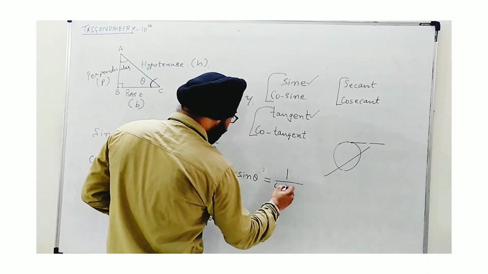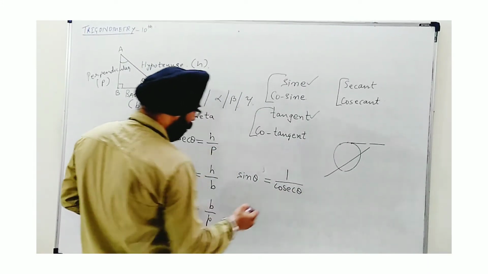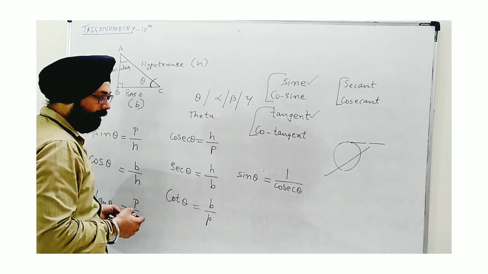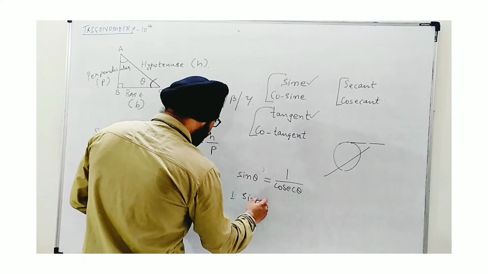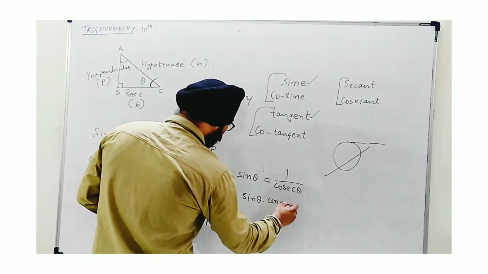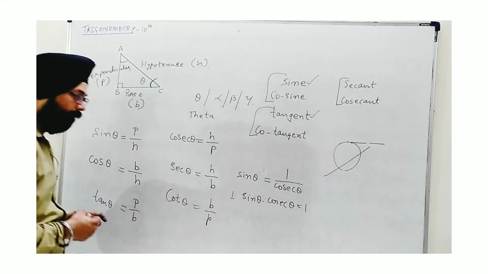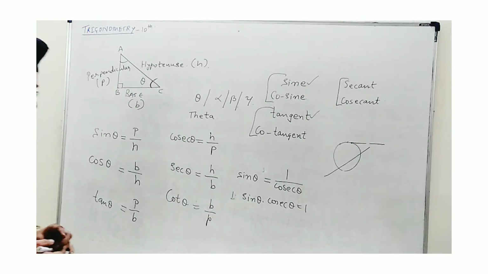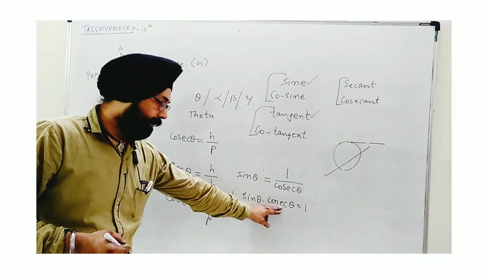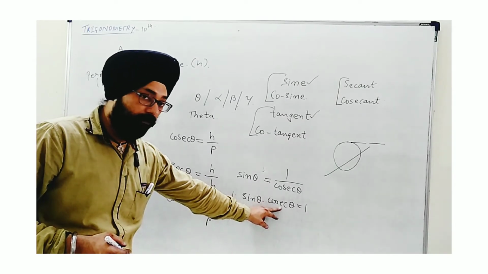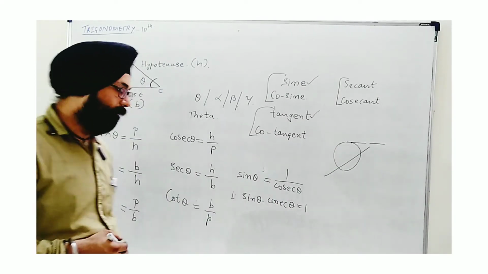So this can be written as sin theta is equal to 1 upon cosec theta, or we can say that sin theta into cosec theta is 1, because both of them are reciprocals of each other. Whatever the value of sin theta, that will surely be the reciprocal of cosec theta. So by cancellation we will surely get 1.